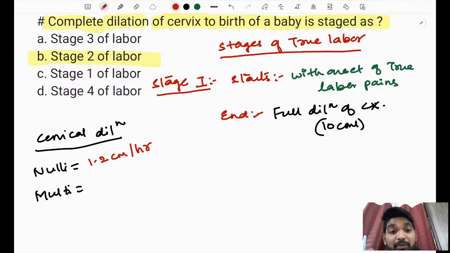1.2 in case of nulliparous, and in multiparous women, no, it is not. Okay, sorry Durga, it is not 2 centimeters, it is 1.5 centimeters per hour. In case of nulliparous, it is 1.2 centimeters per hour. In case of multiparous, it is 1.5 centimeters per hour.